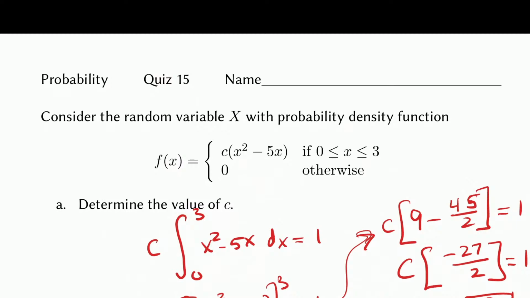Are you sure? Oh, I see what you did. Something went wrong from here to here. So close.